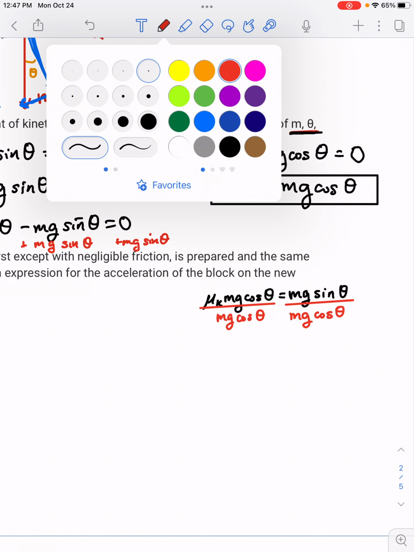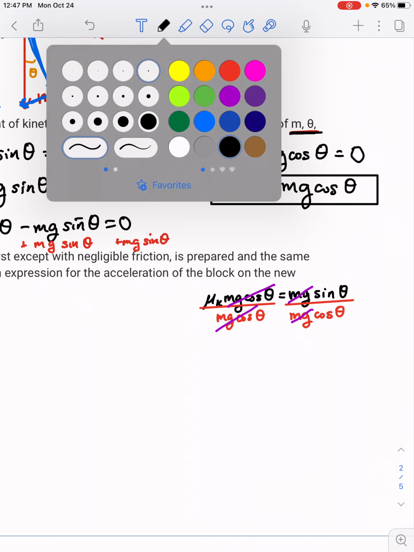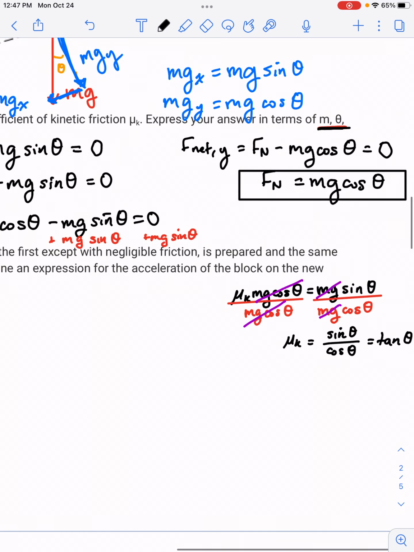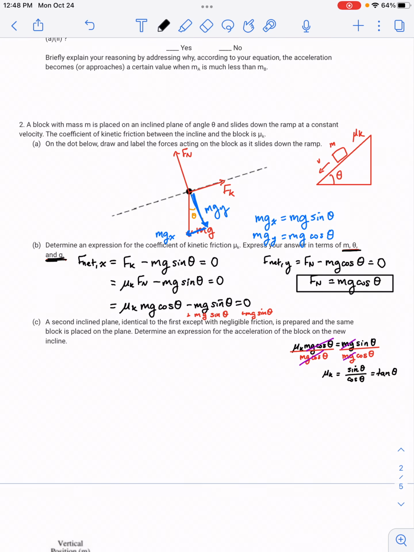The mg cosine theta cancels on the left side, mg cancels on the right side, and all I'm left with is that mu k is equal to sine over cosine. So you can leave it as that, or, if you know that that's equal to the tangent of theta, that would be the correct value. All right.